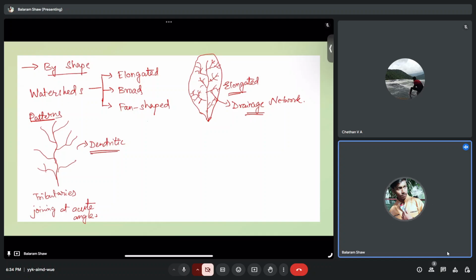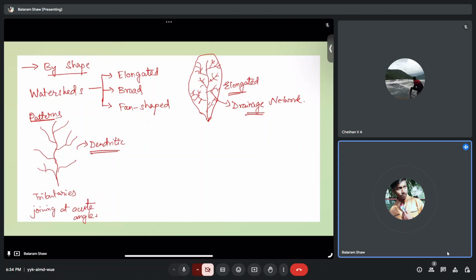Most of the tributaries will be long and straight. Tributaries will join at acute angles, but very small acute angles because it has to be an elongated catchment. Then we have the trellis pattern. In the trellis pattern, very short straight tributaries join at almost right angles, right?